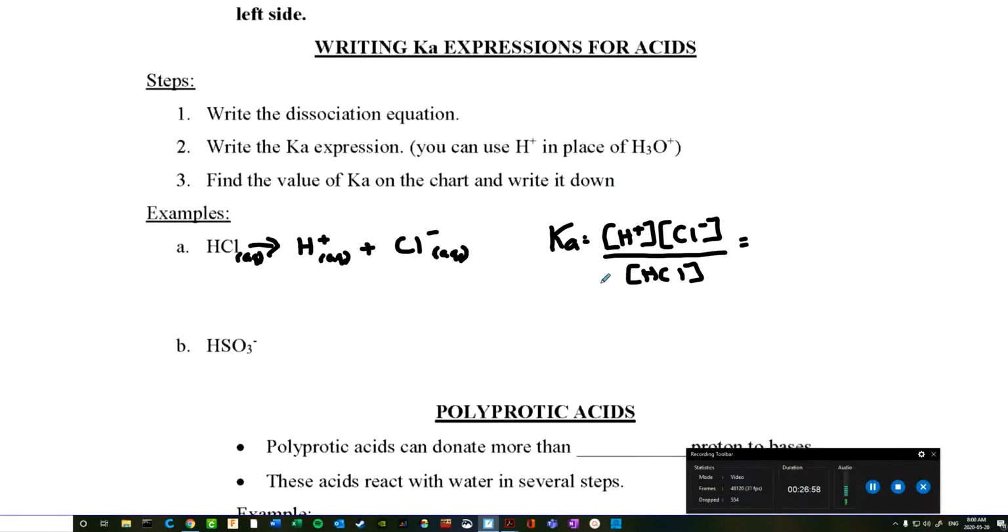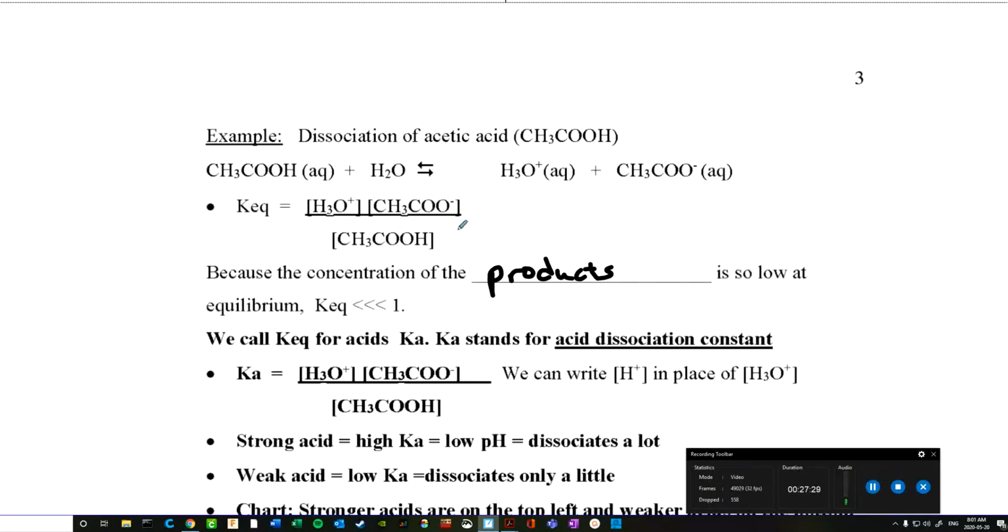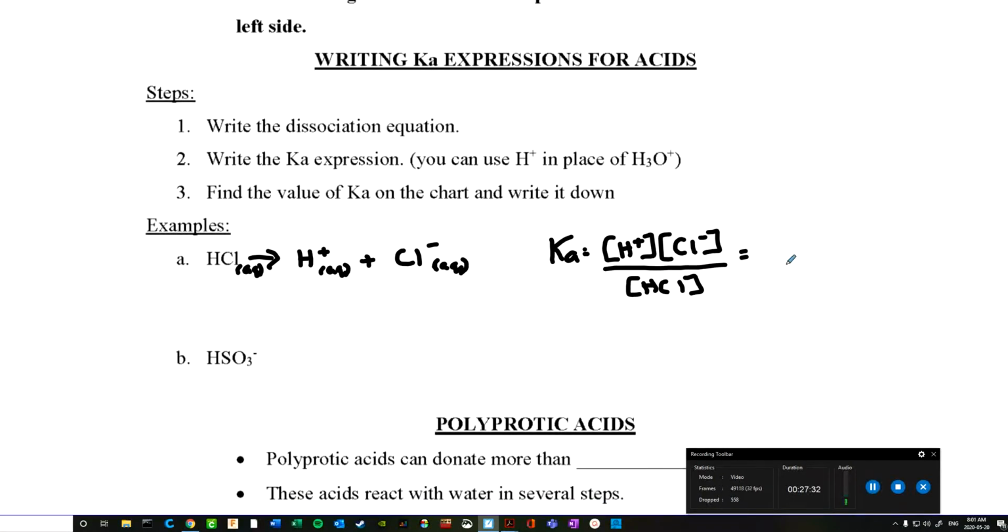So you can actually use your chart to find the value of Ka for hydrochloric acid. So let's just look here. So here's hydrochloric acid. If you go across, these are the Ka values. So notice for the strong acids in the top left hand corner, all you get is, it just says very large. So it doesn't even give you a value. So all we would write down for hydrochloric acid is that the Ka equals very large number.